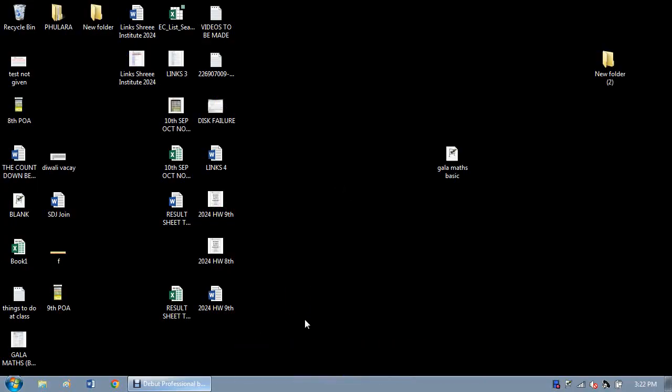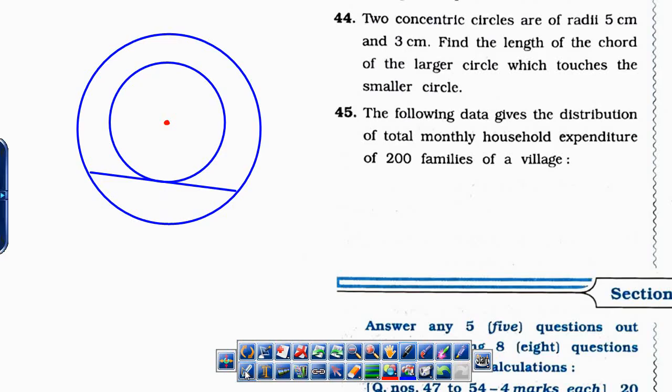Now the radii are 5 and 3. 3 is the smaller radius which is here. 5 is the bigger radius which you have to draw like this. So this is 3. This is 5. This is 90. This is x. And this is also x. This sum is a long sum if you write it with the proper method.